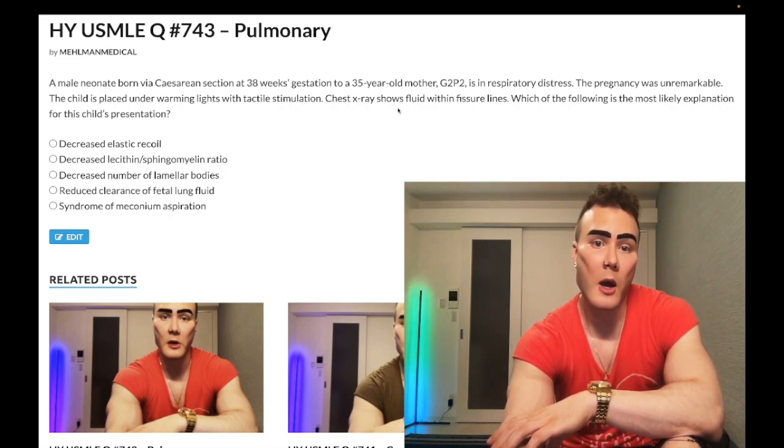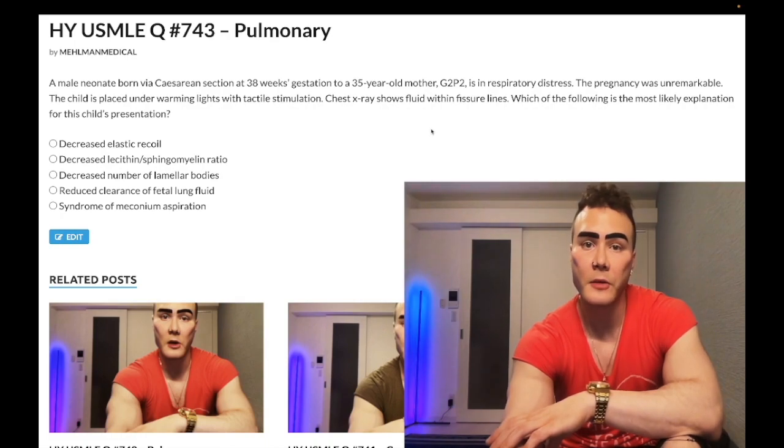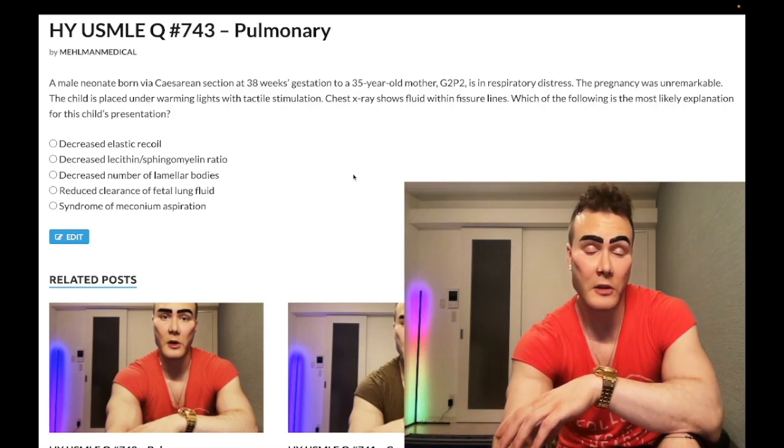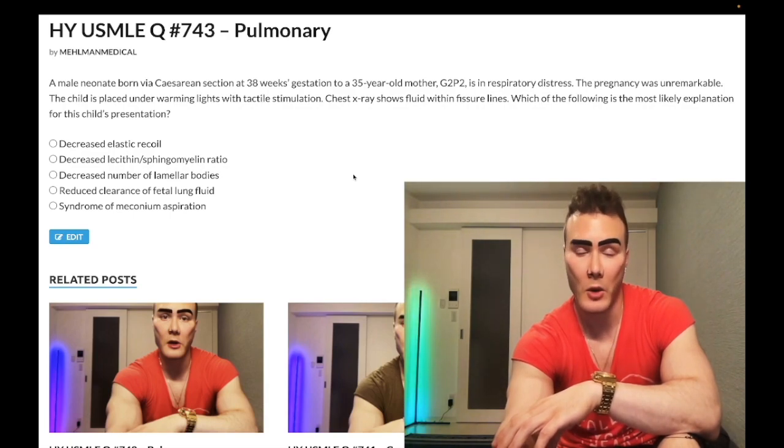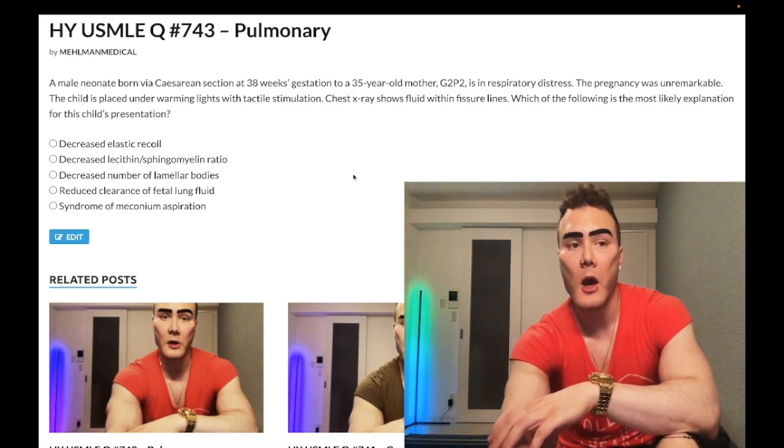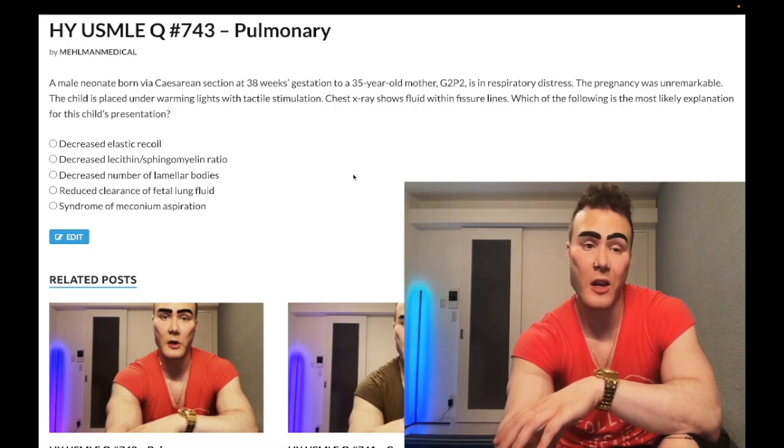On one of the NBME exams, I've seen them write x-ray shows fluid within fissure lines. They say that for TTN. For NRDS, hyaline membrane disease, in contrast, they will often say chest x-ray shows a reticulogranular pattern. It can be very buzzy for NRDS questions.